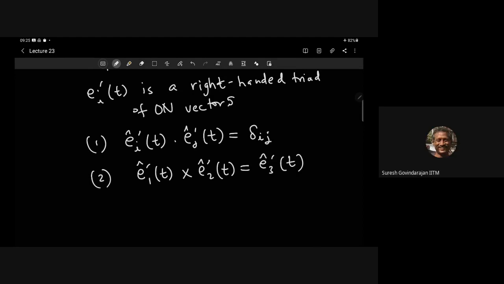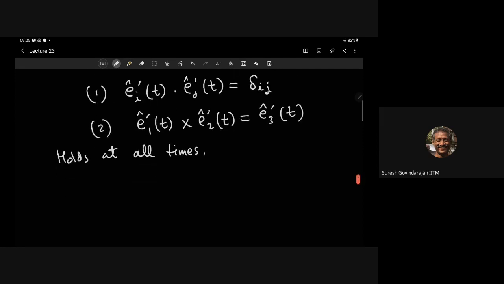So this holds at all times. This is the right-handedness of the coordinates. So e_1 cross e_2 is e_3, e_3 cross e_1 is e_2, and so on, cyclic.